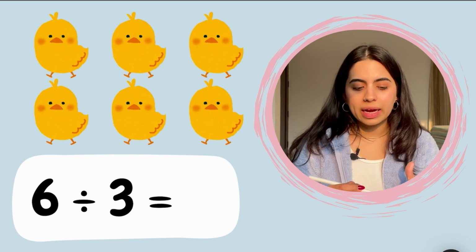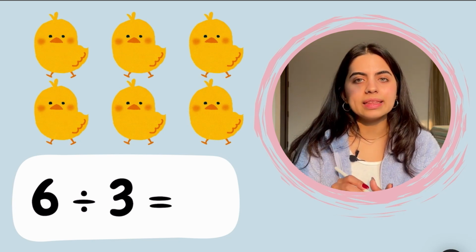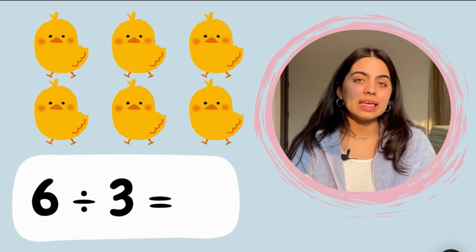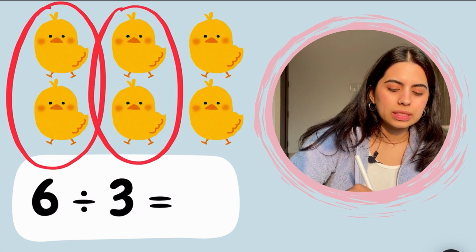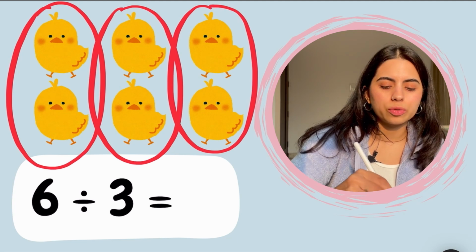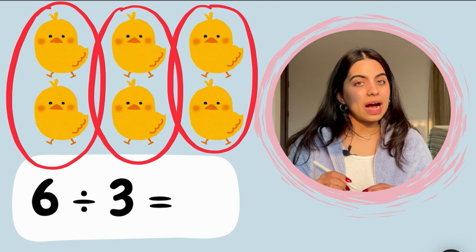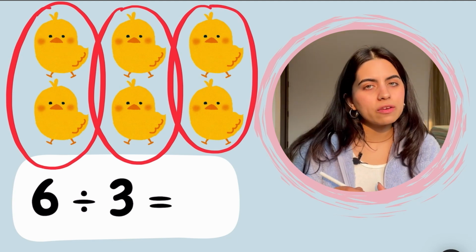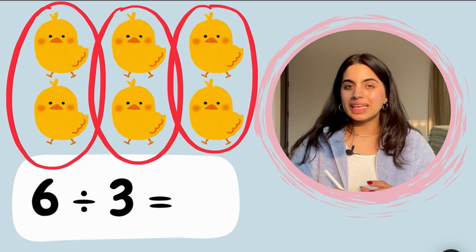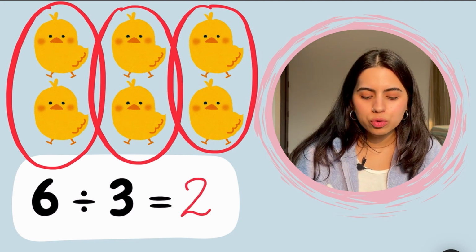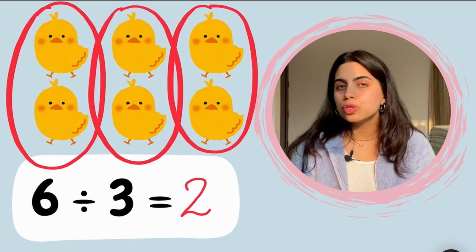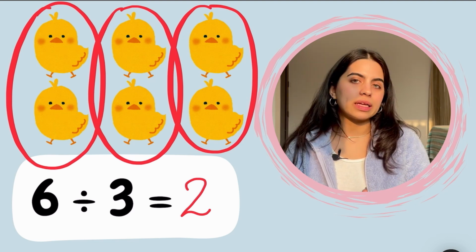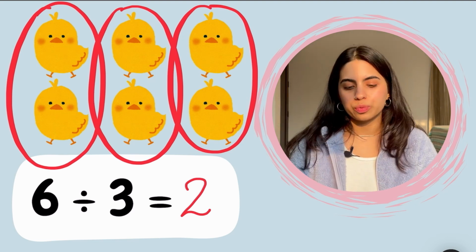So we have to divide 6 of these in 3 groups and 3 equal groups. So this is my first group, second group and third group. My quotient or answer is how many of these do I have in one group, in each group. So I have 2 of these in each group. So my quotient is 2. So 6 divided by 3 is 2.